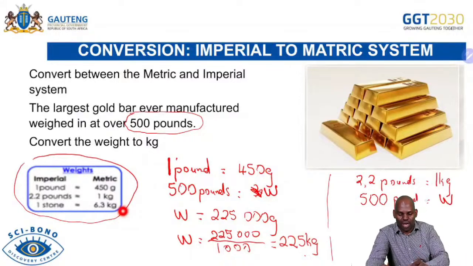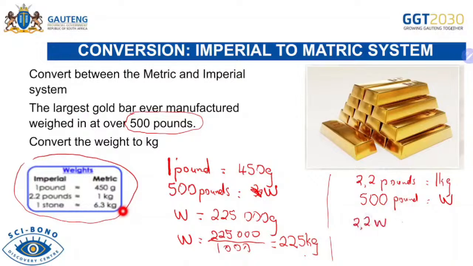If we cross multiply, we're going to get W multiplied by 2.2. We get 2.2 W equals 500 multiplied by 1, which is 500. Remember, in this case, we only multiply the numbers. We're looking for the value of the weight, which is W. Then we divide by 2.2. Then we say the weight, if we use this conversion factor, is 500 divided by 2.2.